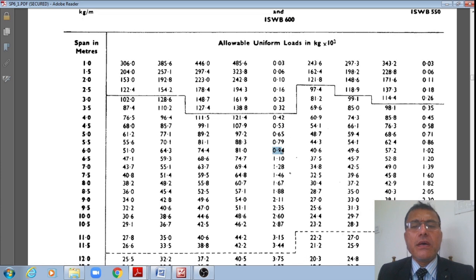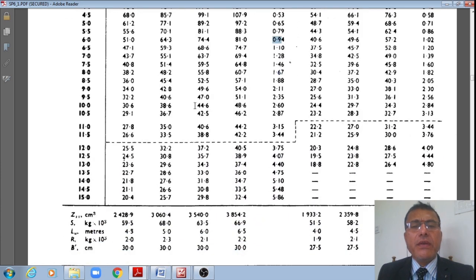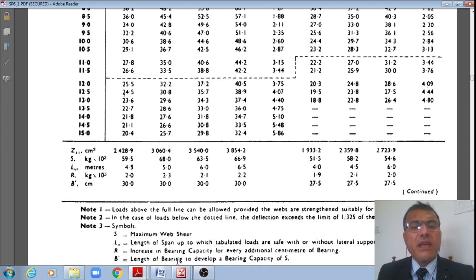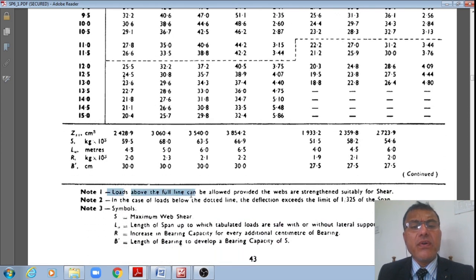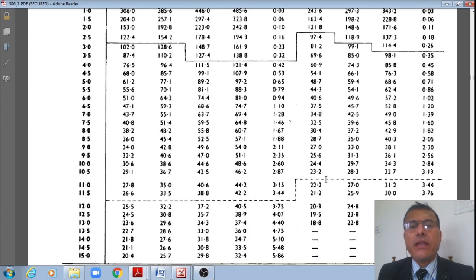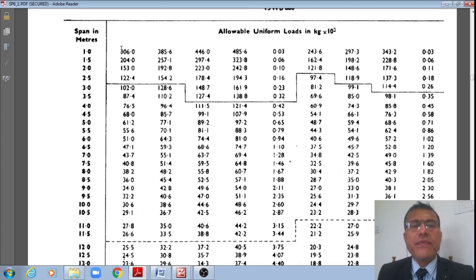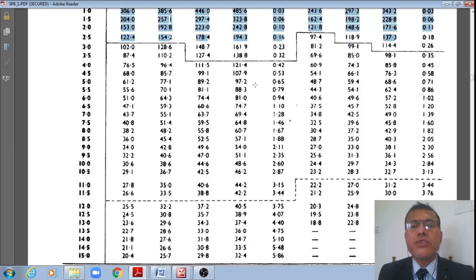Whereas here we do have the dotted lines, right? The loads above this full line can be taken provided the webs are strengthened in the compression zone, right?